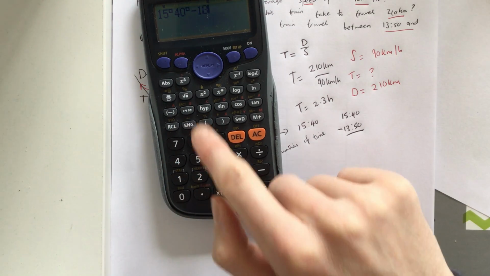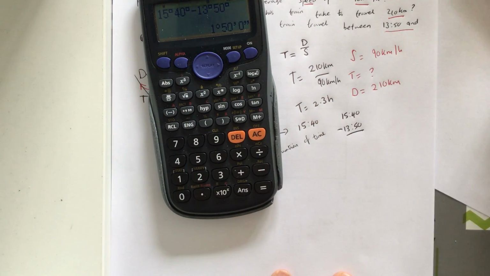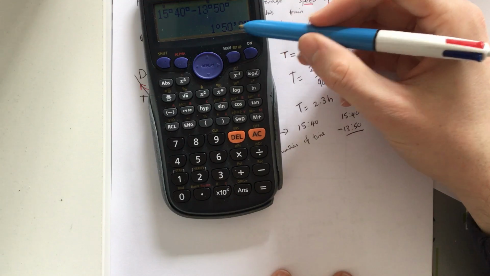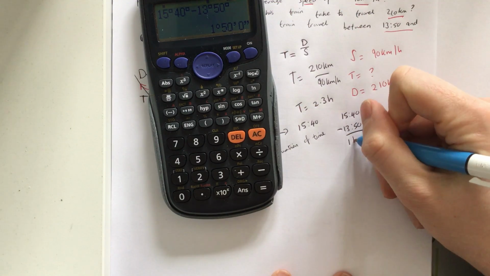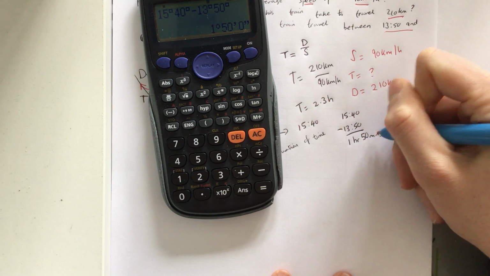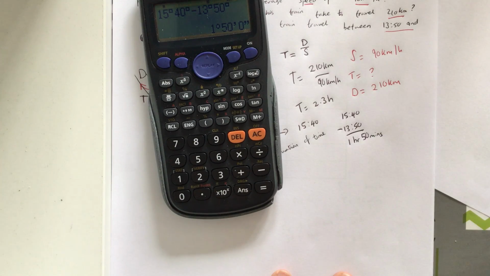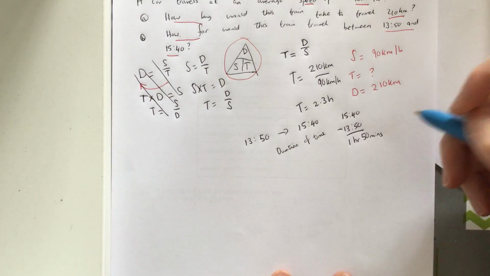Minus 13, click the button. 50, click the button, equals. It puts a weird value there in the calculator, but actually it makes perfect sense. This means 1 hour, 50 minutes, 0 seconds. So we have 1 hour, 50 minutes. That's the duration of the journey there.